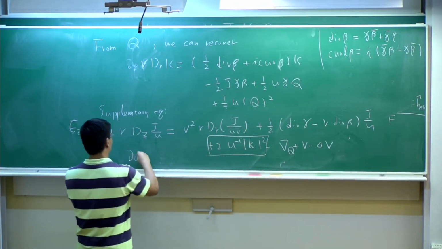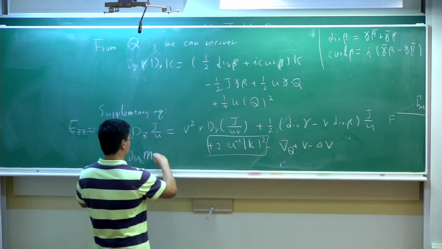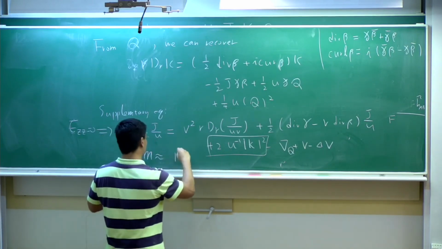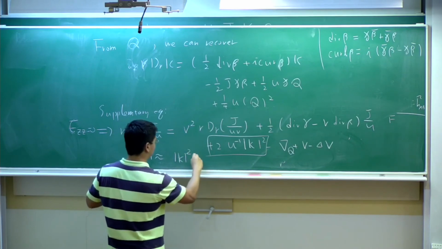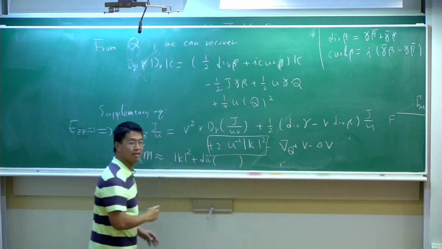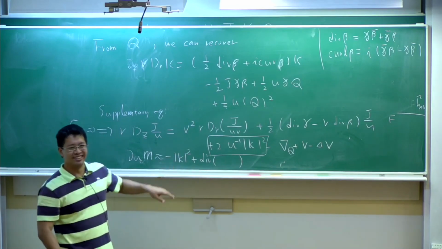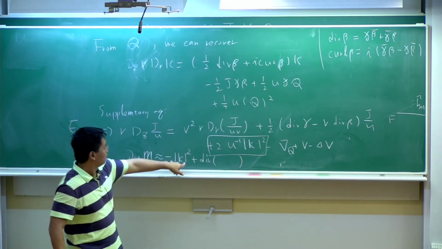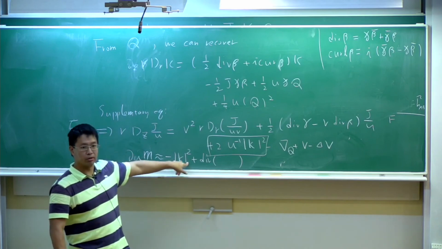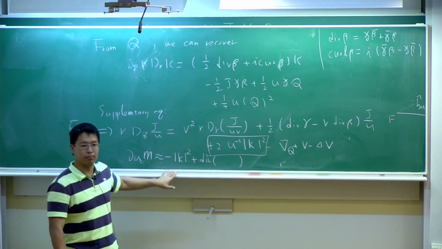So roughly this will translate to this equals plus divergence of a big thing minus some factor. So again, minus the norm of K squared would serve as a source for the mass loss.